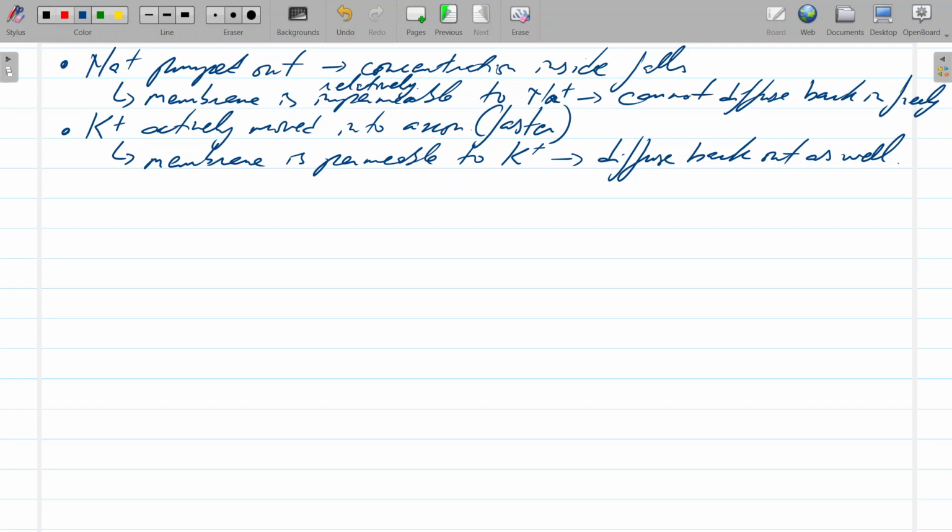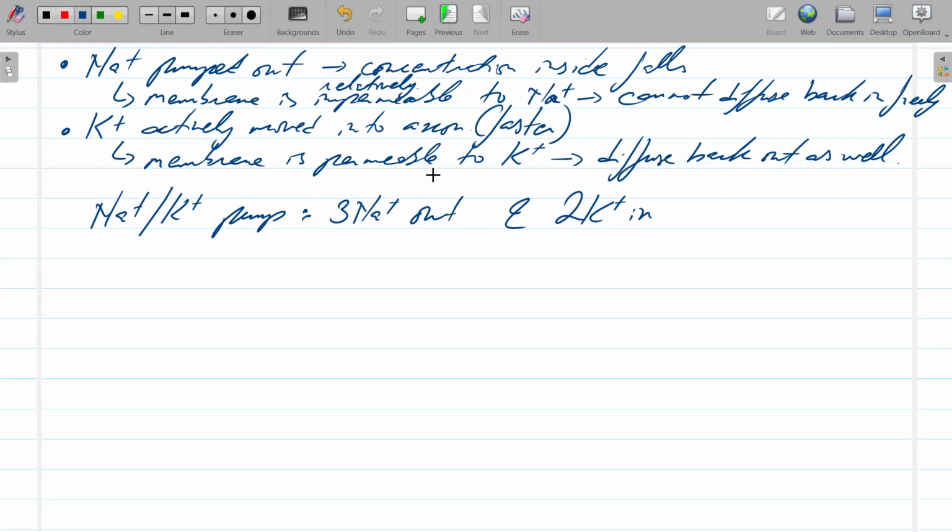Now you'd say, well, they're both positively charged, so how is that creating a difference in charge? And that's because the pump moves 3 sodium ions out and 2 potassium ions in. And so there's a difference.